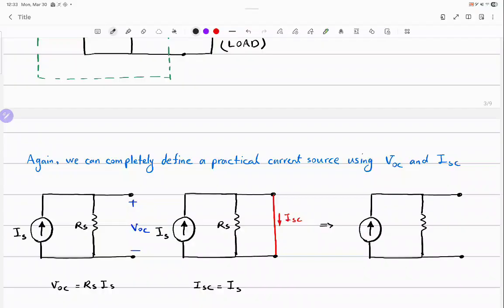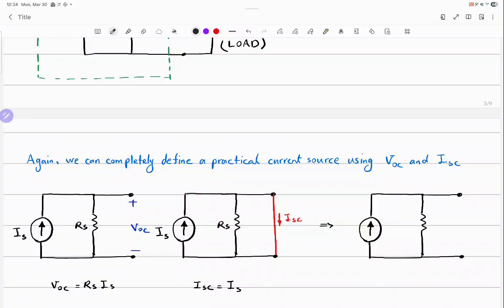Okay, let's move to the second circuit here. Now, if I short circuit it and I measure the current, the short circuit current, how much is ISC? IS. Can someone justify it? Why? There's no resistance. What happens to the internal resistance? It gets bypassed. So all the current will pass to the output. So I have two valid equations, right?